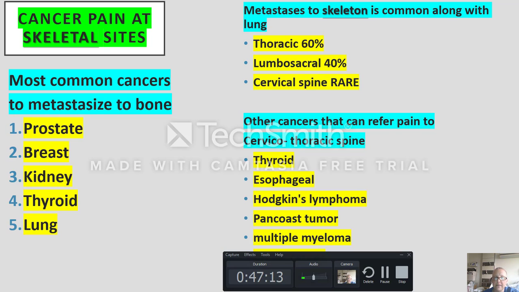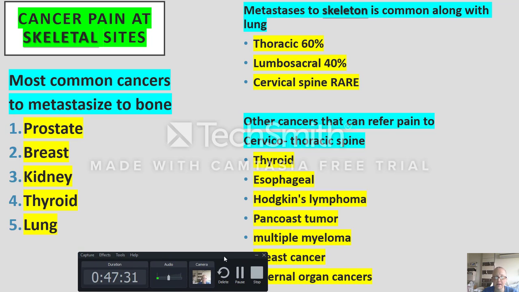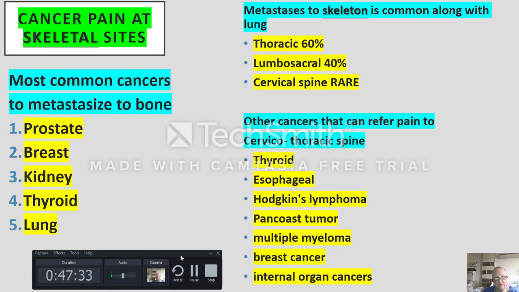Other cancers that can refer pain to the cervical thoracic spine: thyroid, esophageal, Hodgkin's lymphoma, Pancoast tumor, multiple myeloma, breast cancer, internal organ cancers.